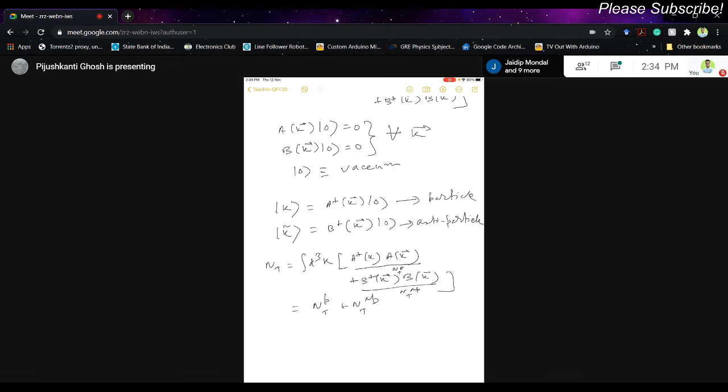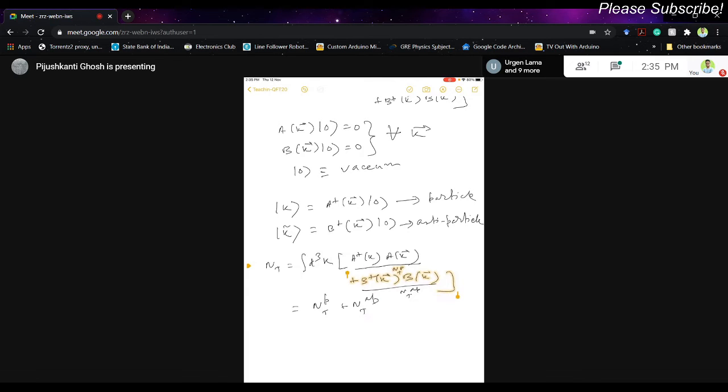On the other hand, you may be interested to know how many particles are there, and you are not interested in antiparticles. Similarly, you may say I don't care how many particles are there, I'm interested in how many antiparticles there are. B dagger_k B_k will give you how many antiparticles are there.